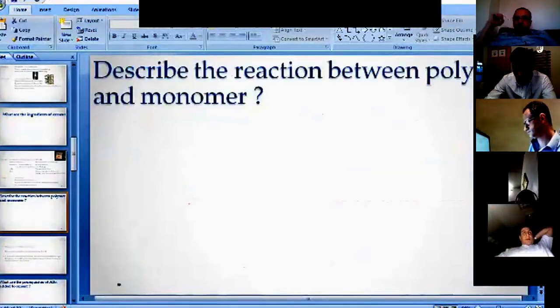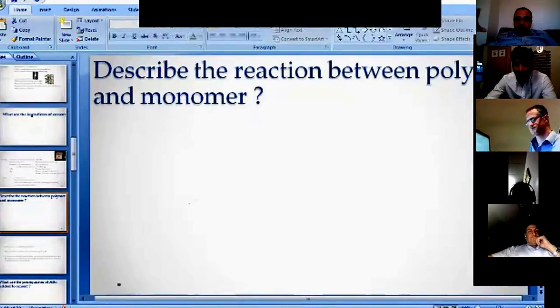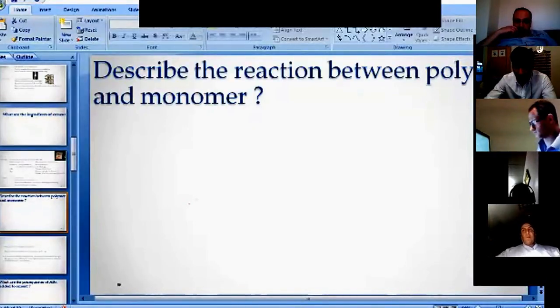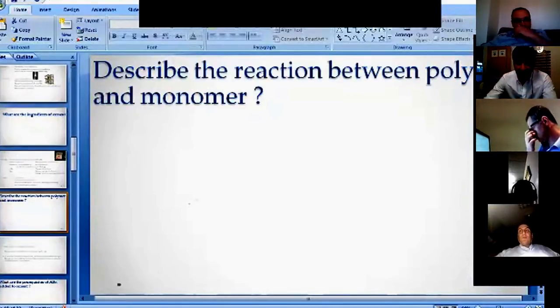Okay, our candidate, you answered very well about the components of cement. Can you now tell us how the chemical reaction occurs between the polymer and the monomer, and what's the clinical significance of that? The chemical reaction that occurs between the monomer and the polymer is called a polymerization process.